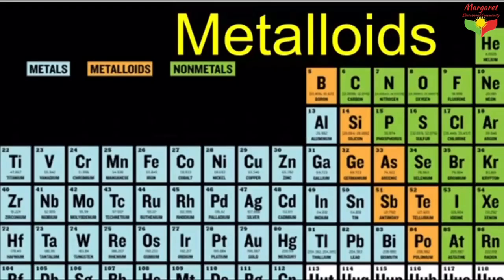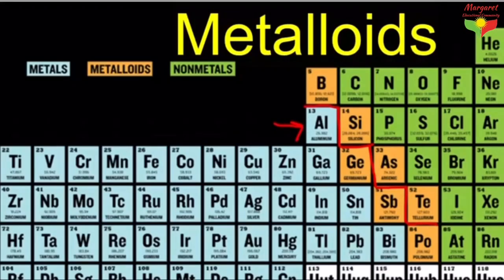Metalloids are in between metals and nonmetals, both in characteristics and where they appear on the periodic table. So there is that stair step, it comes right down through here, and anything that is on that stair step is going to be a metalloid. The one exception is aluminum.